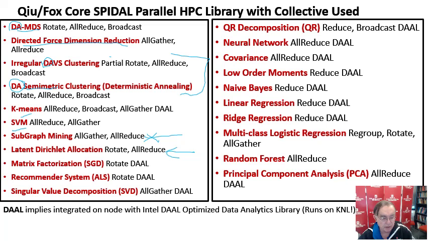We have matrix factorization used in recommender engines, SGD, alternating least squares, singular value decomposition, QR decomposition. These are all matrix algebra neural nets.